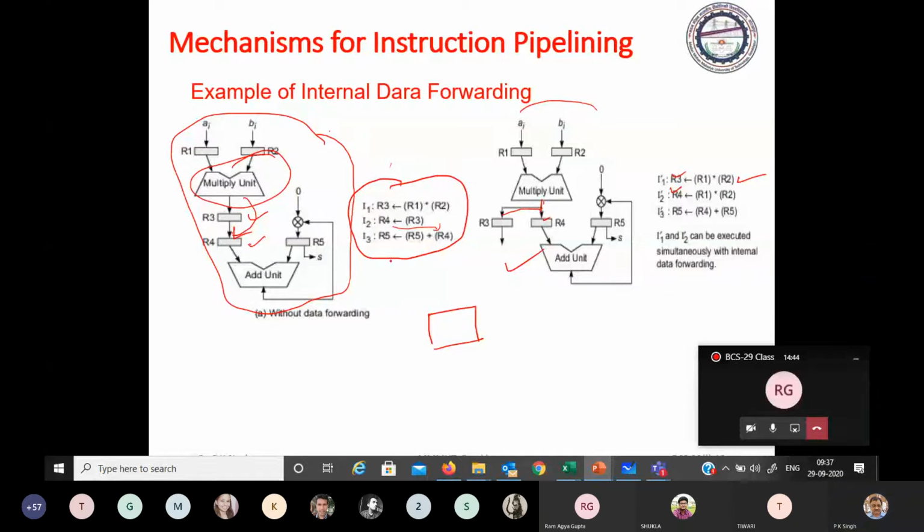So this is the execution unit, and then we have a unit to write back. Okay, what we do is we can directly forward it back to the execution unit, and it will write back to R3.